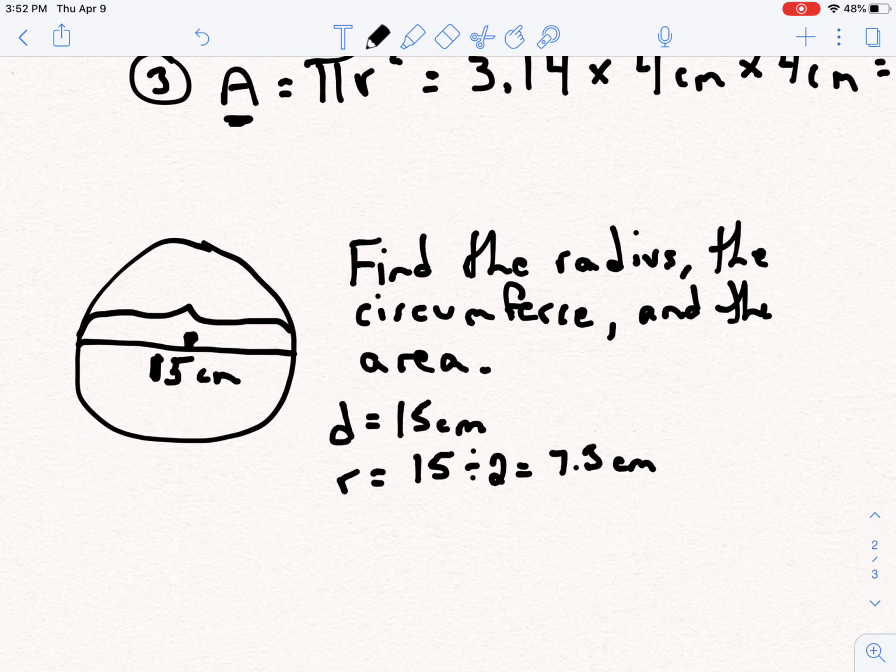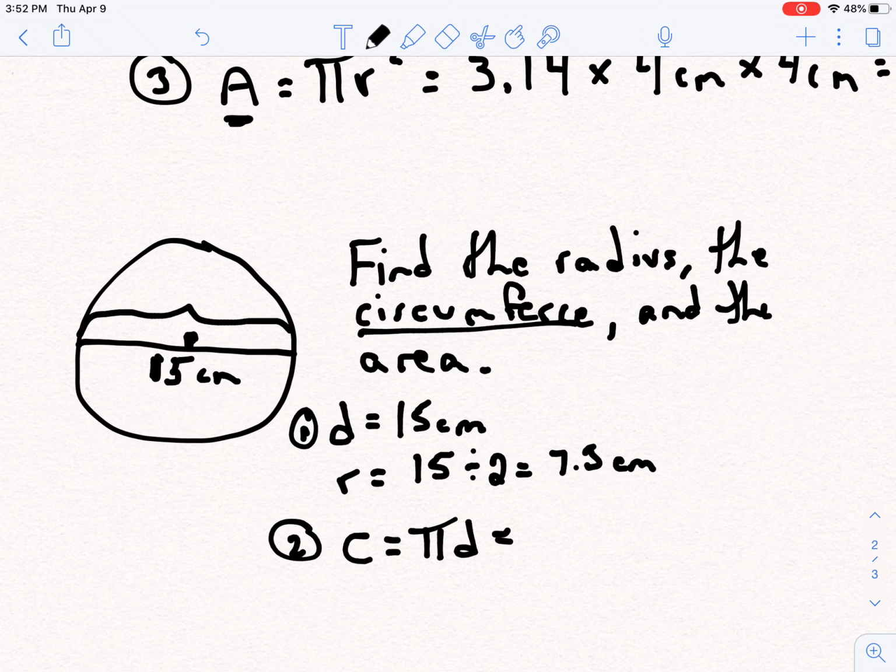Well, using that information, I can also find my circumference. So there's the first step. I found my radius. Second thing it asked me to do is to find my circumference. Well, I just want to keep one formula. So I'm going to say circumference is pi times diameter, because we memorize that now. 3.14 times my diameter, and my diameter in this case was 15 centimeters.